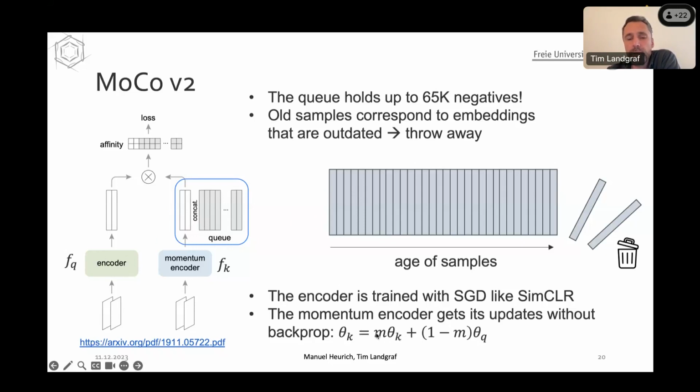So you probably have already seen this kind of equation. Our parameter set theta k is a number m, which is between 0 and 1, times some portion of the original parameters, plus 1 minus m times the parameter set from the encoder.